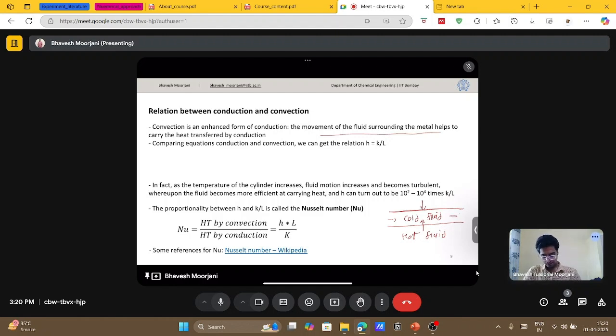So for that, how will this heat transfer work? Let's look at the cross section here. So if I look here, you have this metal surface, the pipe surface, right, with some thickness. Hot fluid is outside. So here, this is hot fluid.